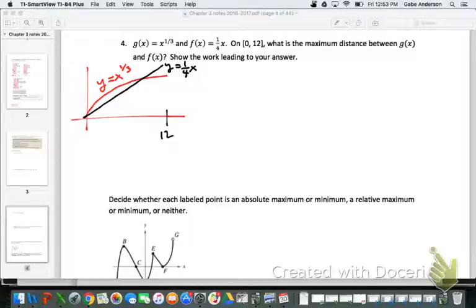So this is now talking about two different functions, and it says, what is the maximum distance between g of x and f of x? Because it talks about distance, I'm thinking we might want to have something to represent distance. What letter would you want to use? D for distance, makes sense. And then what would distance actually equal in this case?